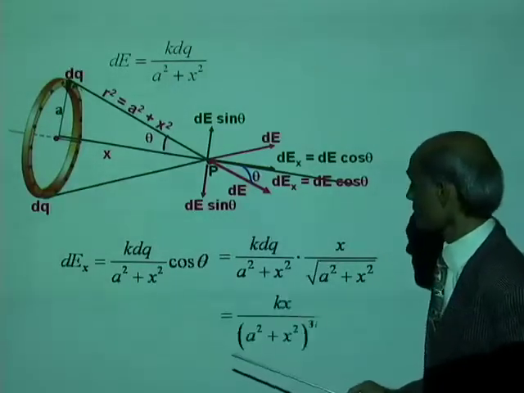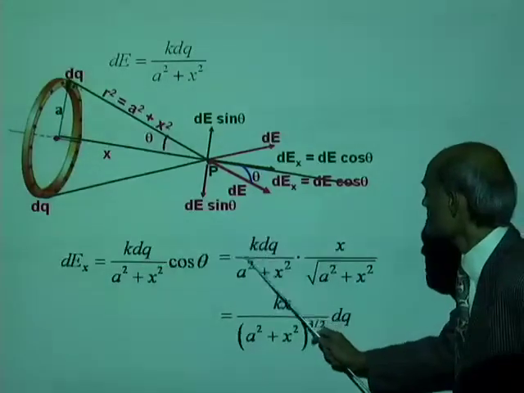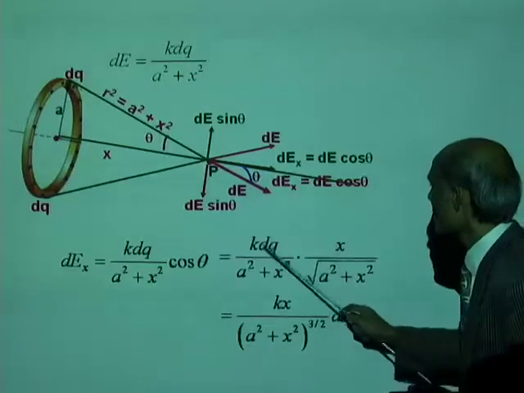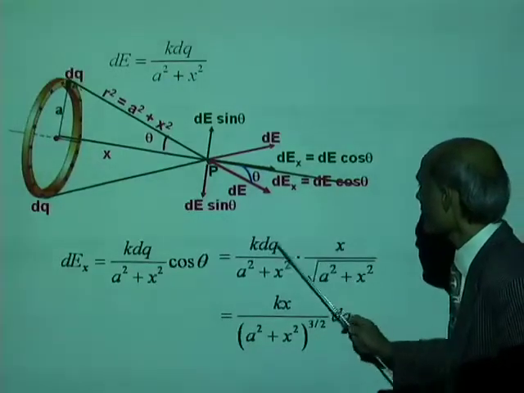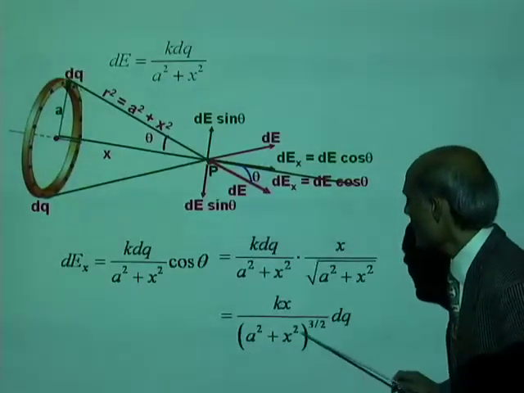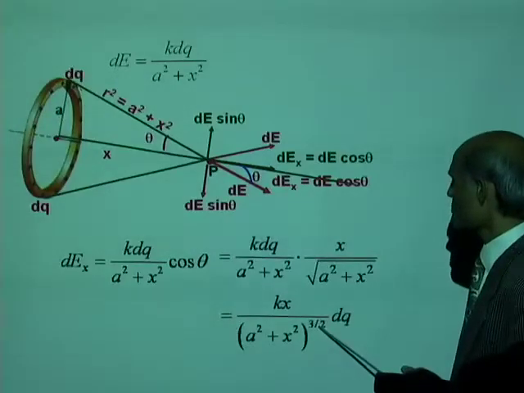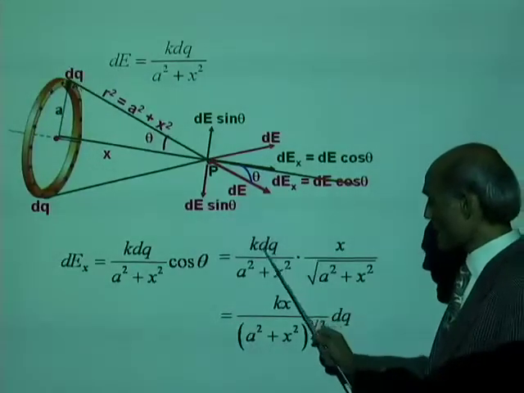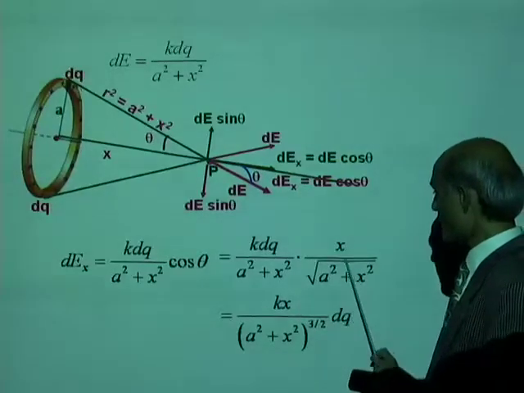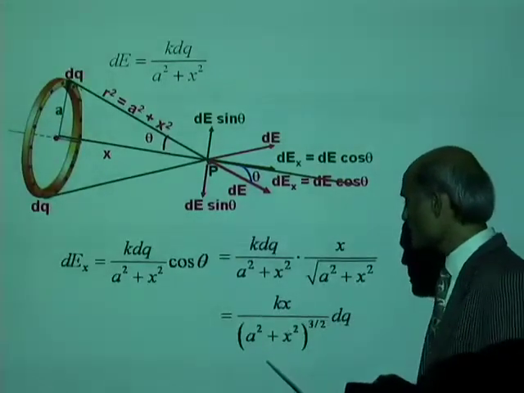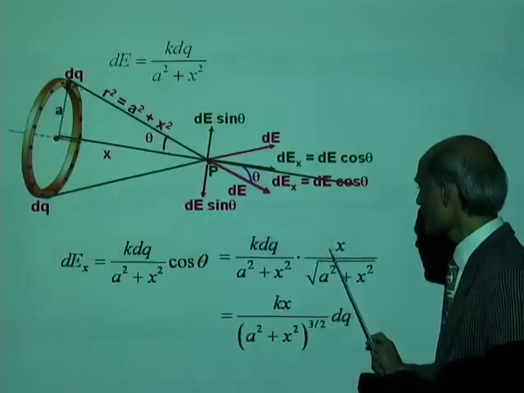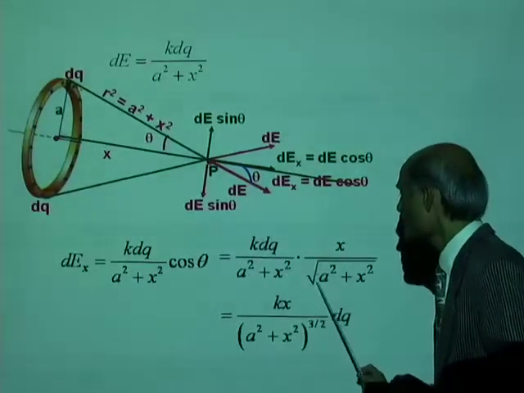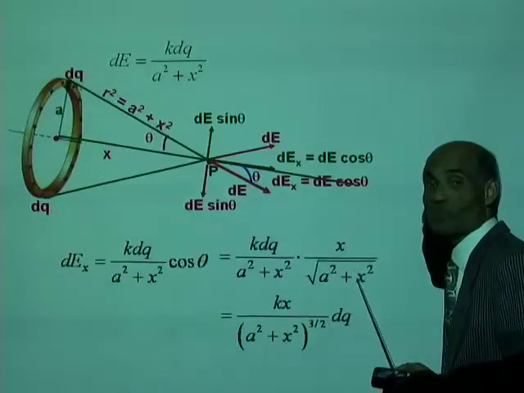Now let's combine this together. That will be kx divided by a squared plus x squared to the power of 3 over 2, times dq. I took that dq and put it there and combined all the remaining together. kx divided by a squared plus x squared times the square root of a squared plus x squared.